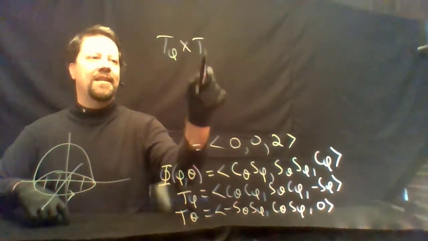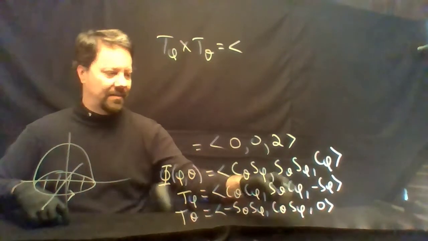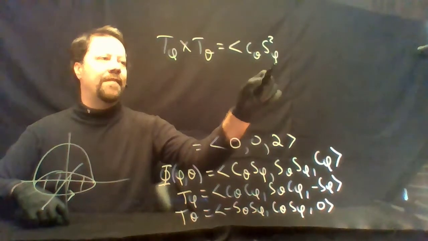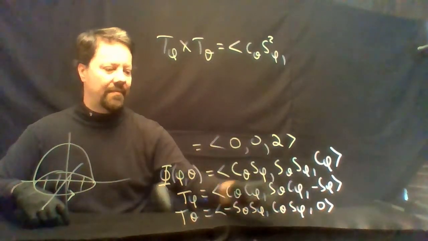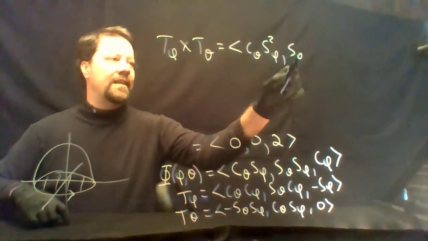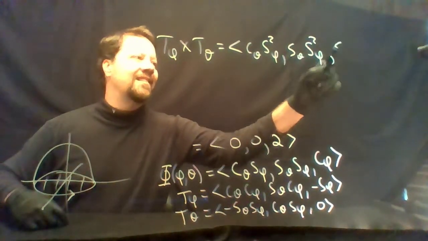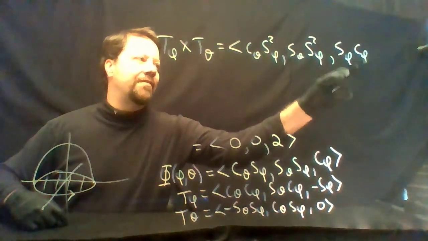T phi cross T theta will be cosine theta sine squared phi, sine theta sine squared phi, and then finally sine phi cosine phi.